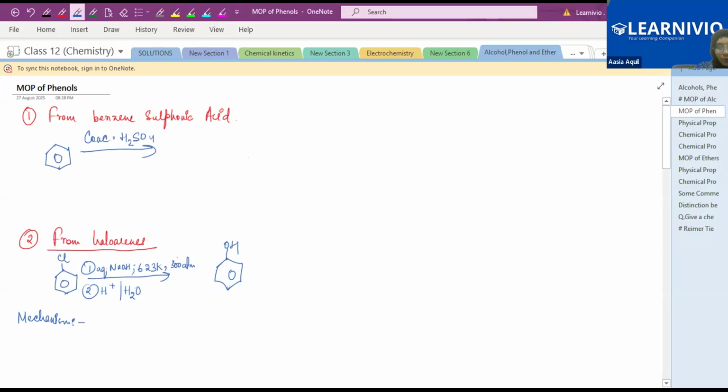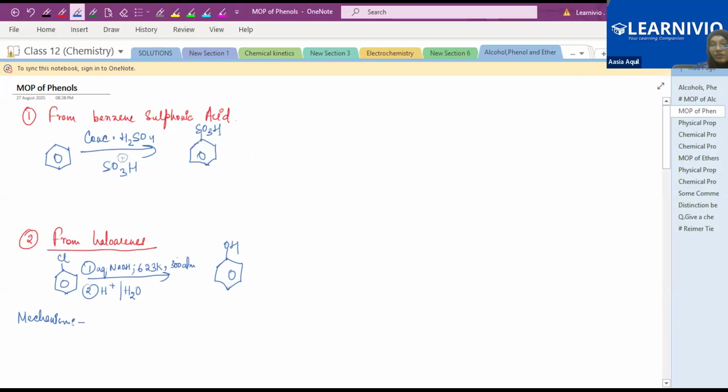So concentrated H2SO4 will give you an electrophile which is SO3H. SO3H as an electrophile. And this electrophile will get attached to this benzene ring and you will get a benzene sulfonic acid. So it's an electrophilic substitution reaction. Benzene on treatment with concentrated H2SO4, right? So the electrophile here is SO3H plus, right? So it will get attached to this carbon.